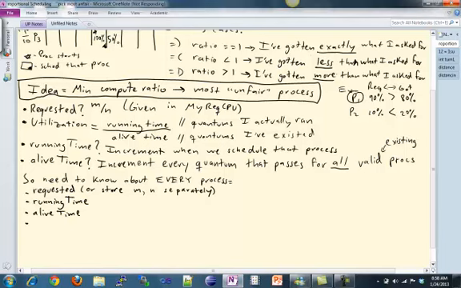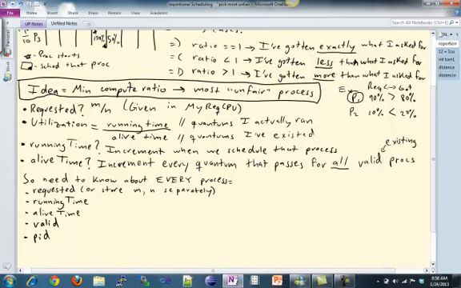Then, just like in any other algorithm you've done so far, you want to keep track of if that process is valid, and you want to keep track of its ID. Okay, and how do we store all these things? Well, you want to use something like a struct array. Okay, and if you're not quite sure how to do that, you can look at PA2 for an example.